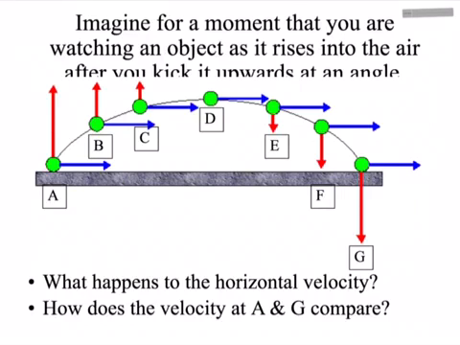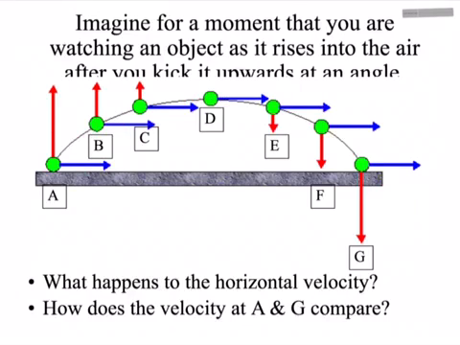My first question is, what happens to the horizontal velocity as it makes its way up and all the way back down? If you look, I have different colored arrows on this diagram. The horizontal ones are these blue vectors. As it makes its way up and comes back down, does anything change about these blue vectors?